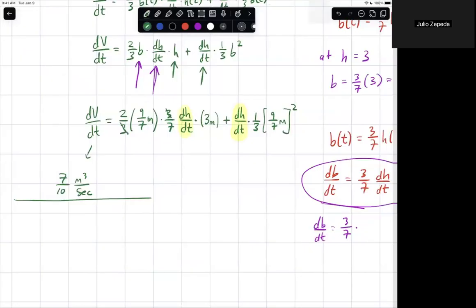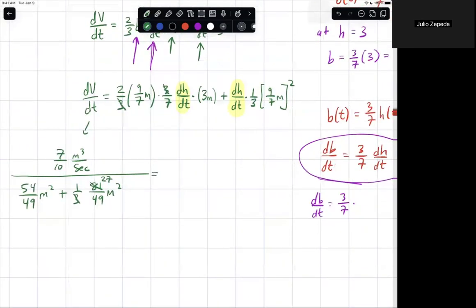If we multiply, we get 54 over 49, and the units are square meters, plus 1/3 of 9/7 squared, which is 81 over 49 square meters. This 3 can go into 81 27 times. Now we have a common denominator of 49. This is all equal to dh/dt.